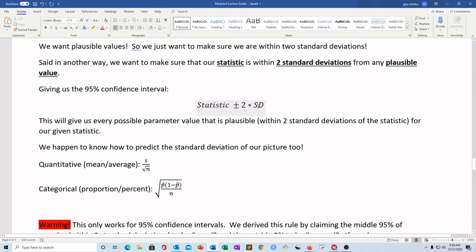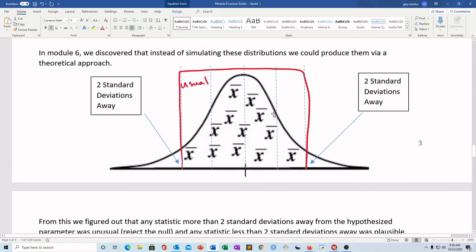So how do I figure this out, right? Like, what am I missing? I'm given the statistic, easy. 2, easy. Plus and minus, I can add and subtract. Multiply, great. SD, standard deviation. Right? I'm talking standard deviation of a picture like this. Do we remember how to calculate this?